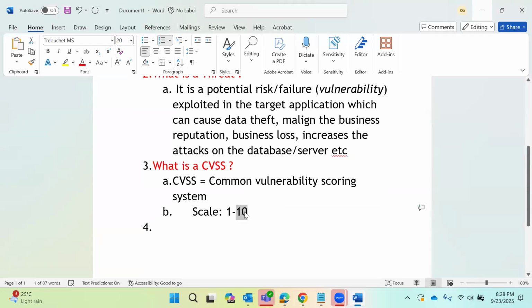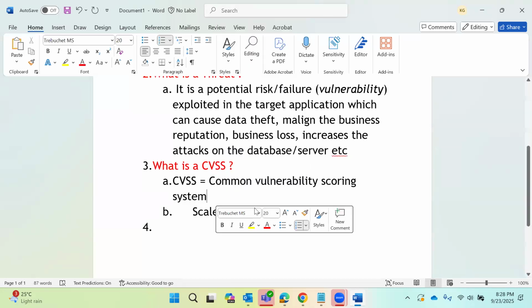Maybe I'll say casually it might deserve a 5. So CVSS for it will be 5. Based on your understanding, slowly into the course, you will understand what CVSS you can assign. So the Common Vulnerability Scoring System helps developers understand the severity of the threat.